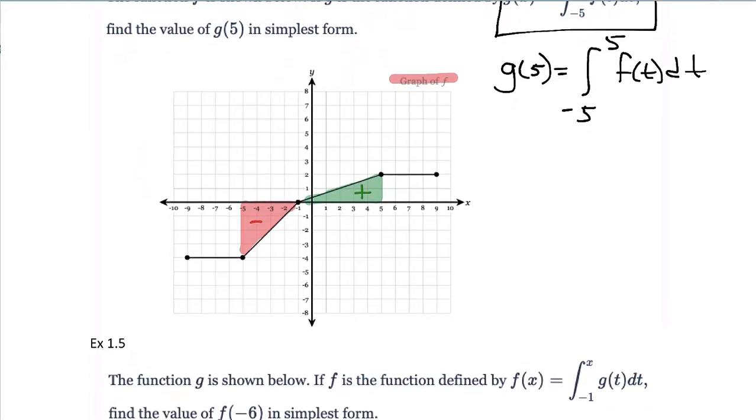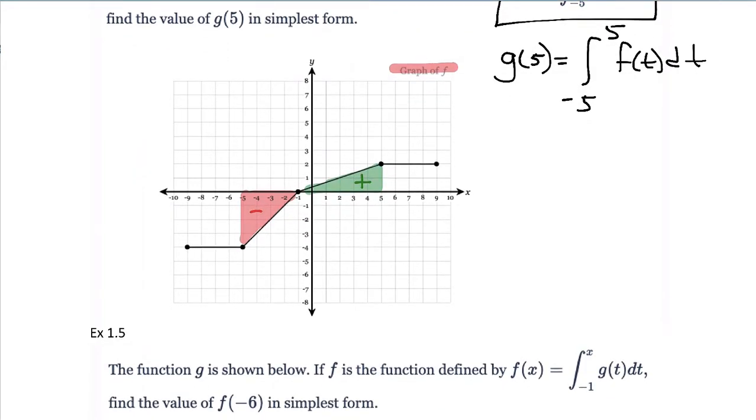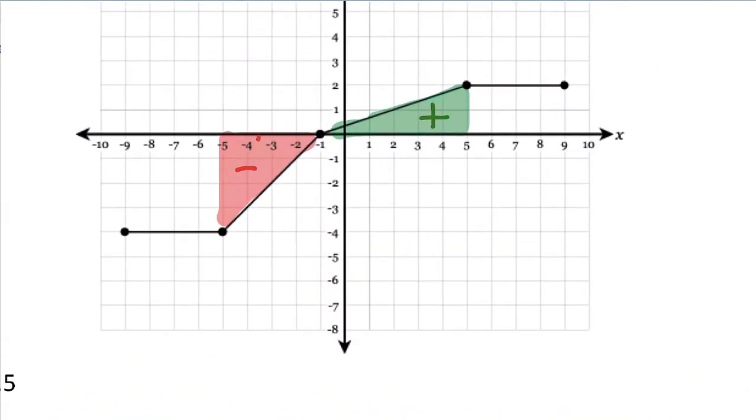So we take something like this, and we're just calculating these areas. If you think about the area of this, it's a triangle. It's 1/2. The base of the triangle is 4. The height of the triangle is 4.